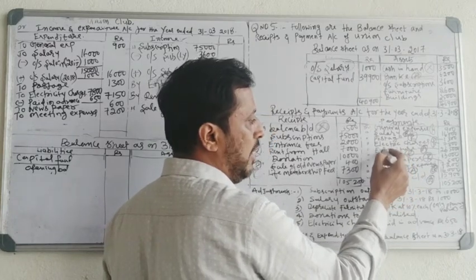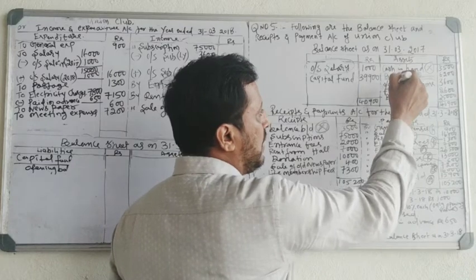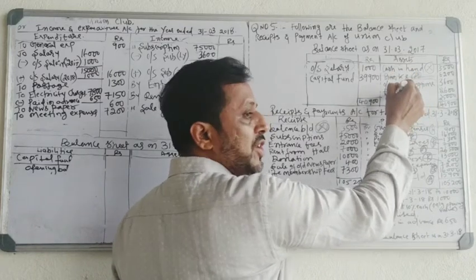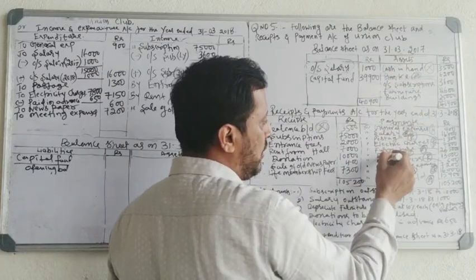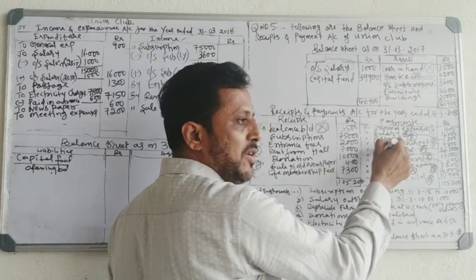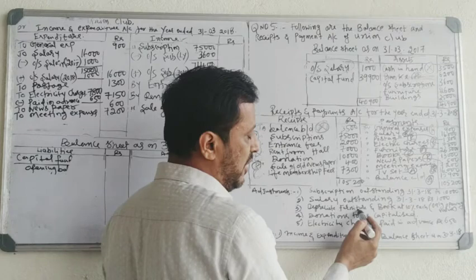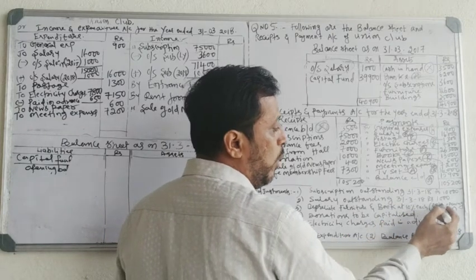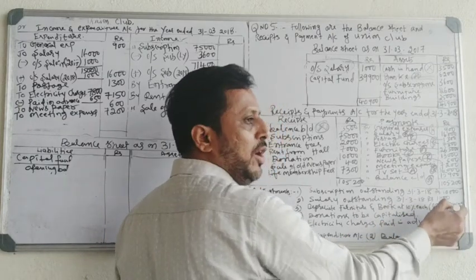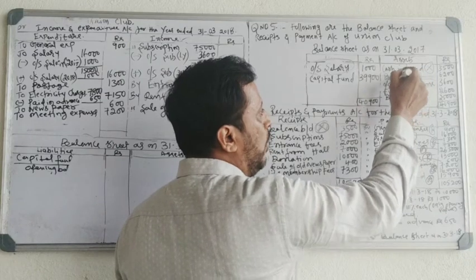These are additional values. Books and furniture given in the balance sheet are opening value. Books and furniture given in receipts and payments account are additional value. It is said in the adjustment that depreciate furniture and books at 10% each, only opening value. That means you have to take depreciation only on this opening value.